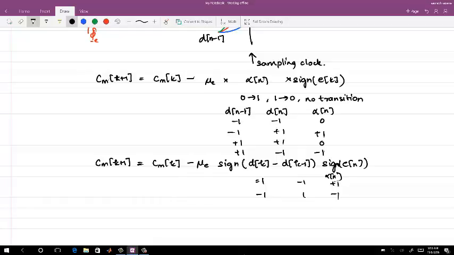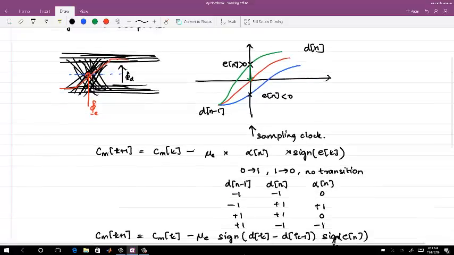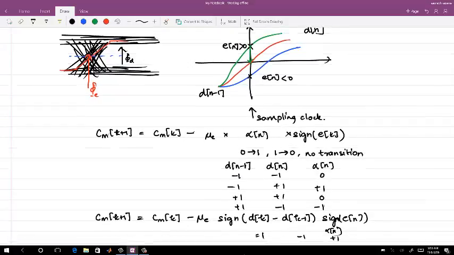Okay, the thing which we have not talked about: if I am going to change the error based on the edge information, how is it going to change my eye opening at the sampling of the data edge? Or if I change at the data edge, how is it going to change at the edge transition? Okay, so actually both will interact, and if you are changing the equalizer coefficient based on the edge, it will reduce the ISI on the data.